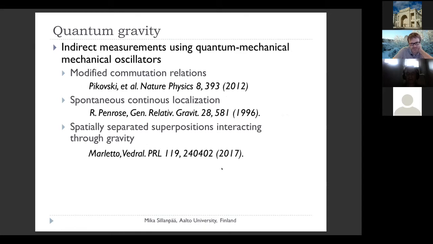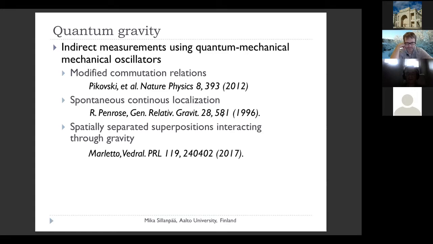And there are plenty of theoretical ideas how to use some kind of indirect measurements to try to do quantum gravity in the lab. And this uses, for example, some quantum mechanical oscillators. There are, for example, proposals that quantum gravity will lead to a modification of the commutation relations, which will make some mechanical oscillators nonlinear.